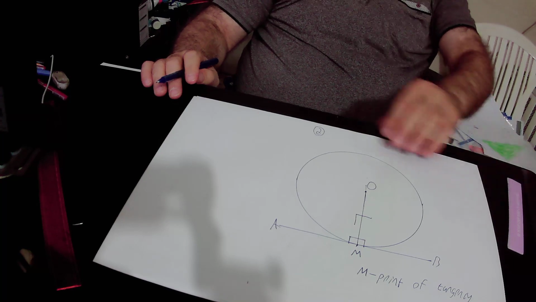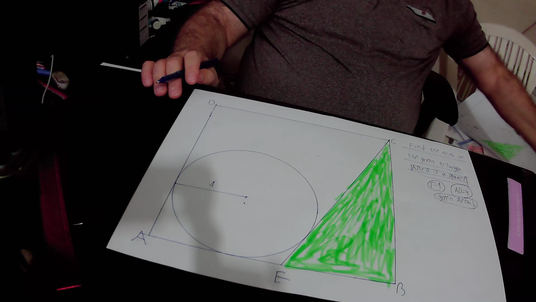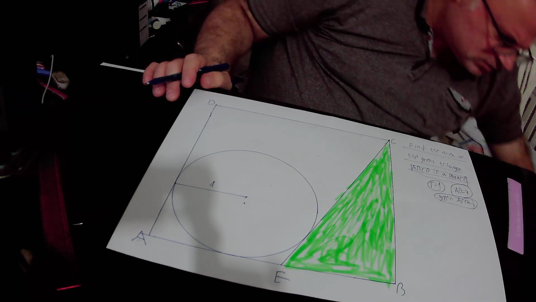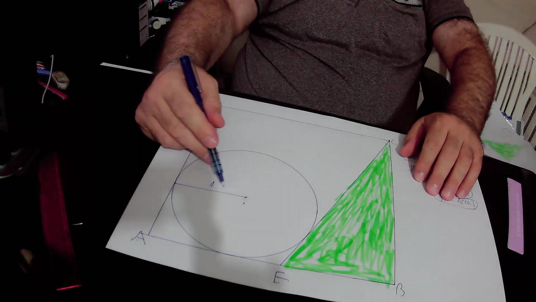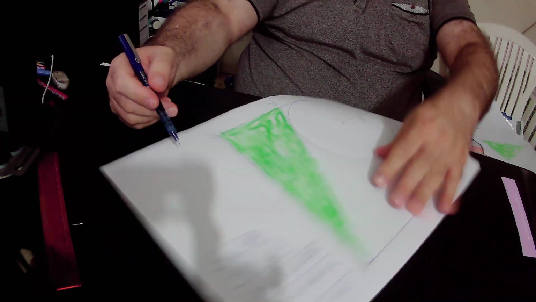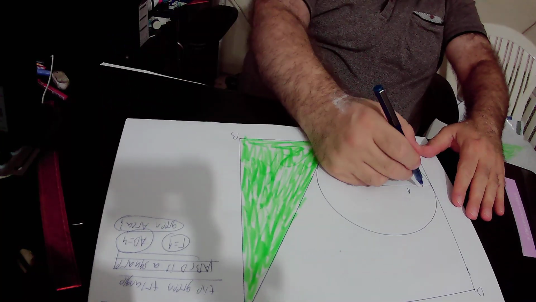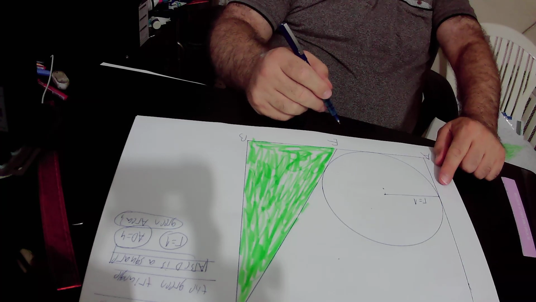So, we can implement rule number 1 in our drawing, because in our drawing we have this radius. We will define the radius of this circle as r, and we know that r is equal to 1 unit.